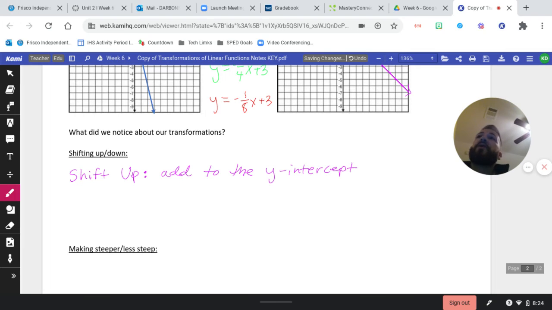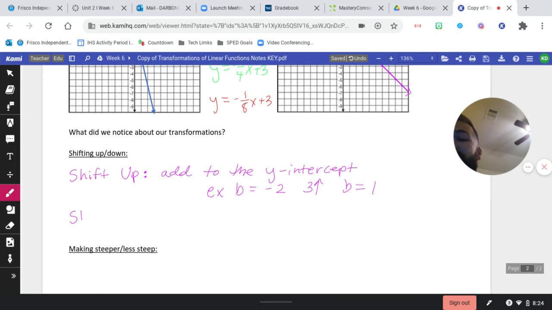So if my y-intercept b equals negative 2 and I want to shift up by 3, then my new b would be equal to 1.